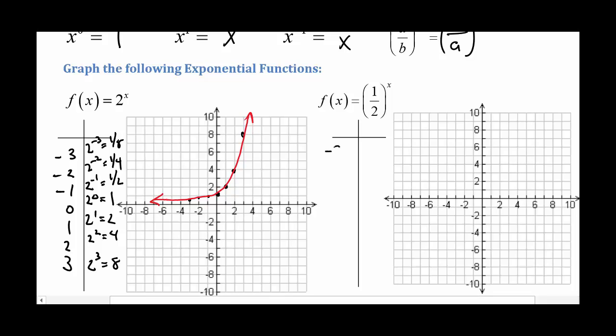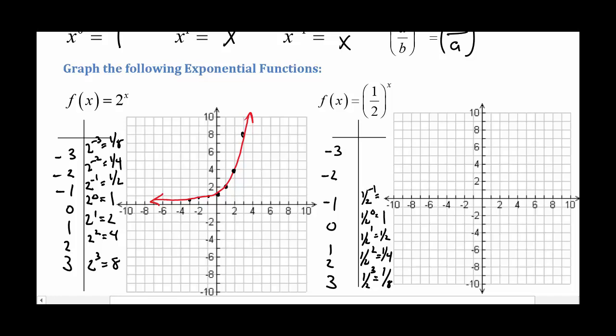So we'll do -3, -2, -1, 0, 1, 2, and 3. Here we have 1/2 to the third power, which is 1/8. 1/2 squared, which is 1/4. 1/2 to the first, which is 1/2. 1/2 to the 0, which is 1. 1/2 to the negative 1.